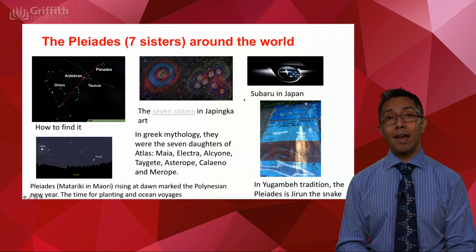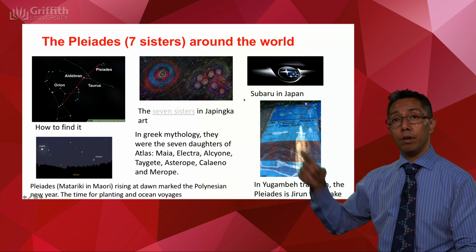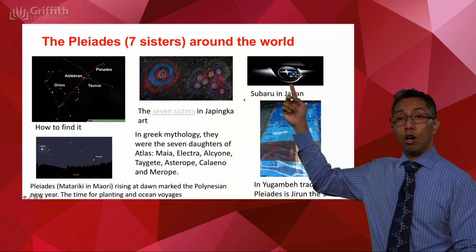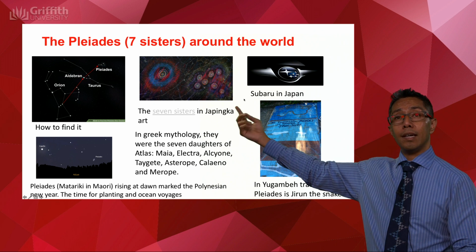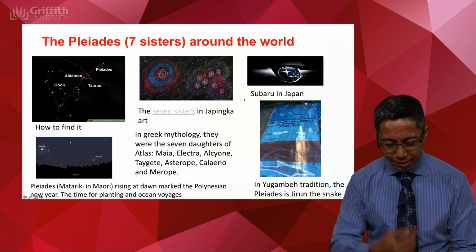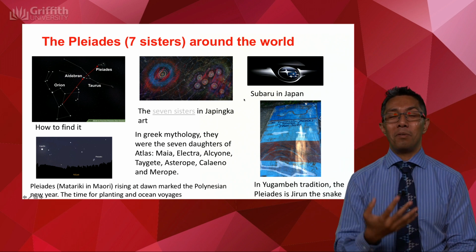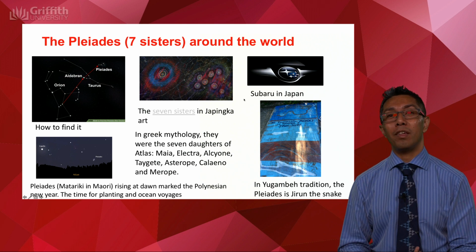So in Japan, it's known as Subaru. So the company Subaru, that's actually the constellation of Pleiades. The Seven Sisters, Japinga, here is a representation of it. There's a hotel in Brisbane City, I forget what it is, but that has a painting of the Pleiades as well.